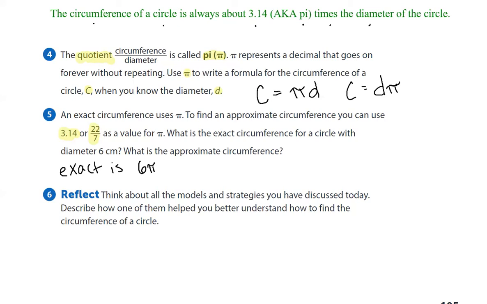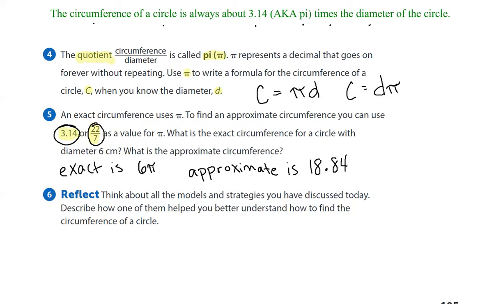The approximate is where you would use the approximations of pi, because those aren't exactly pi, it's pi rounded. So the approximate is either 6 times 3.14, which is 18.84.